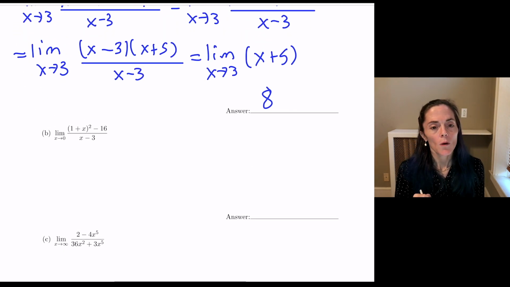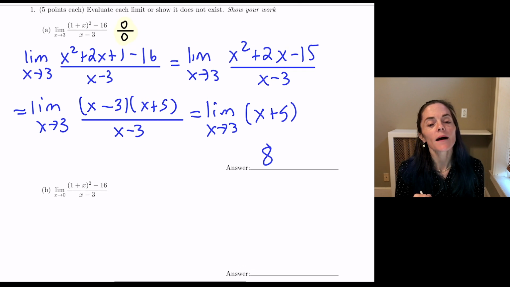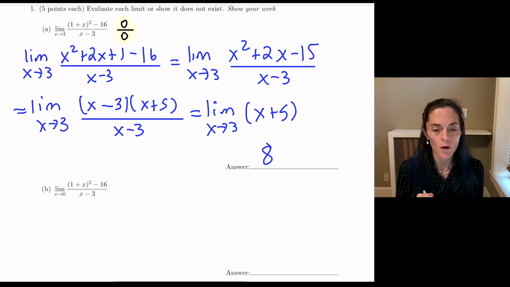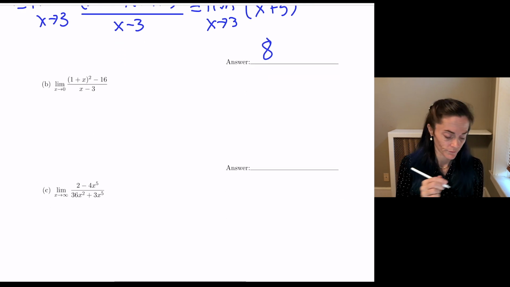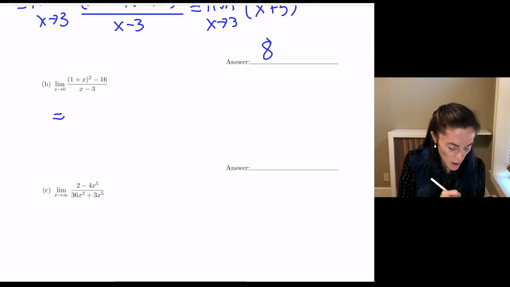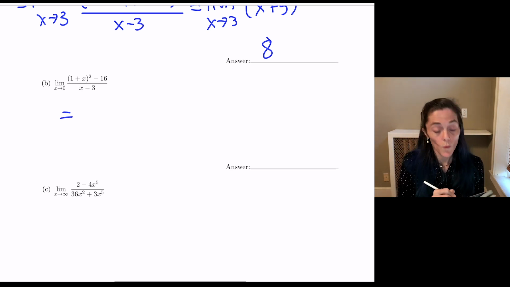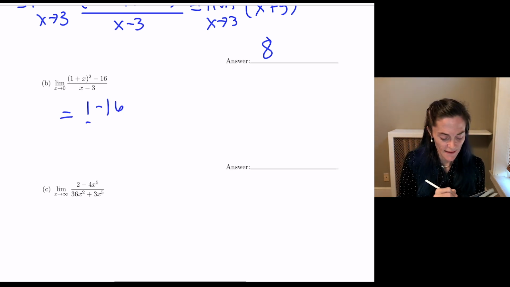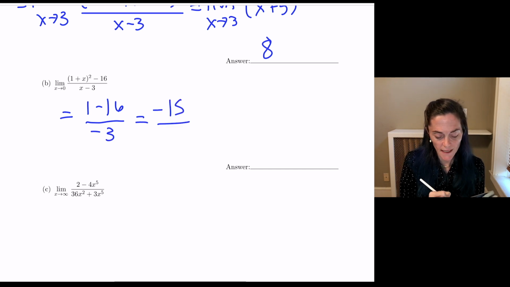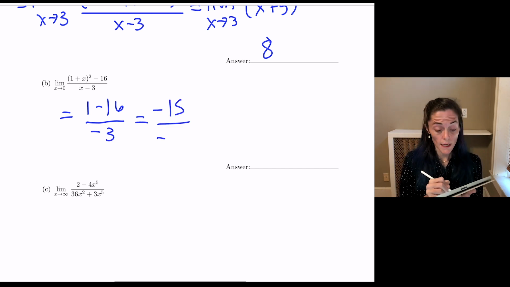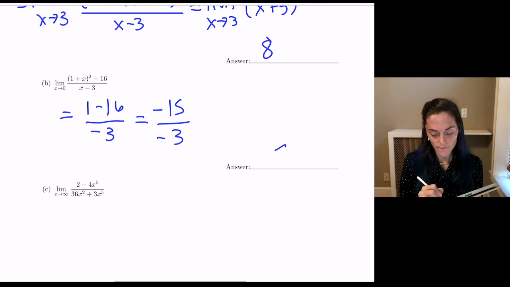Next one. Well, you notice it looks the same. I have 1 plus x squared minus 16 over x minus 3, but this is a limit at 0. Here, we can just evaluate because I do not get an indeterminate form. I get 1 minus 16 divided by negative 3, which is negative 15 over negative 3, positive 5.